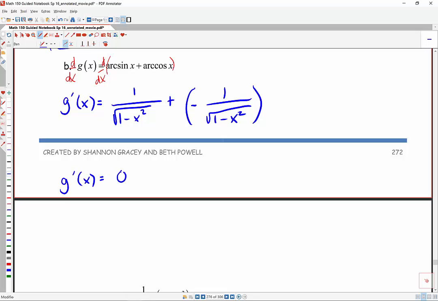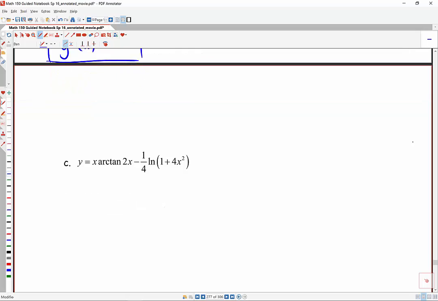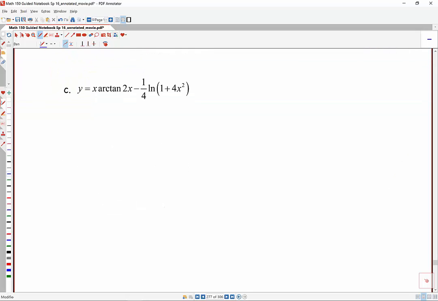All right. Next up, we have a lot going on here, so there's going to be some simplification that's going to need to happen. So we'll have d dx of both sides. This is going to give us y prime is equal to, so I'm going to write this out a little more.